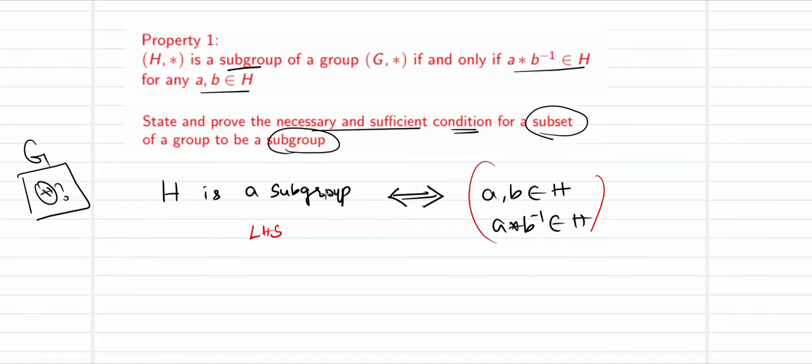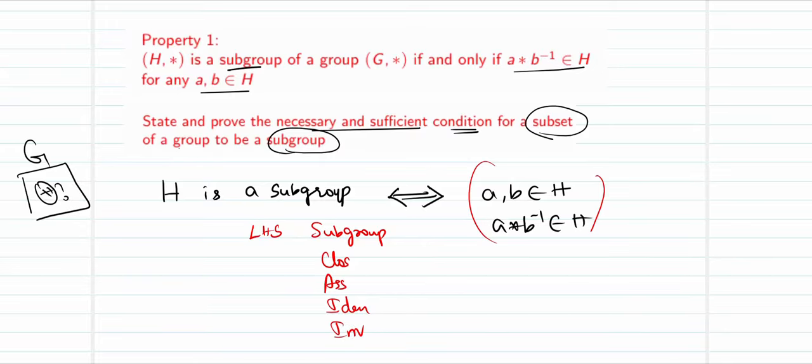So when you take it to be a subgroup, it has all the properties of a group. So it satisfies closure, it satisfies associativity, it has an identity element, and it has inverses.